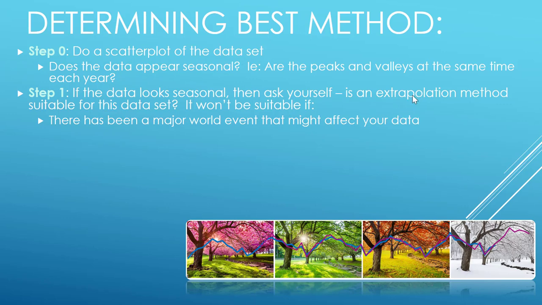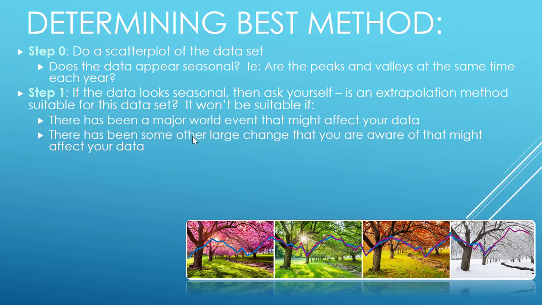If it's not, what I recommend is adding more X variables to a multiple regression. Think about what else would adapt or change as the market drastically changes. Use those predictor variables as well to feed into your regression, but that's a future topic. If there hasn't been any major world events, or any other large change in your data, then keep going.